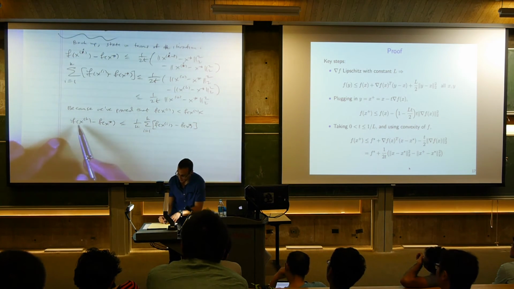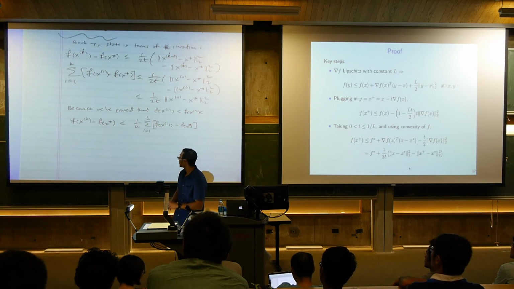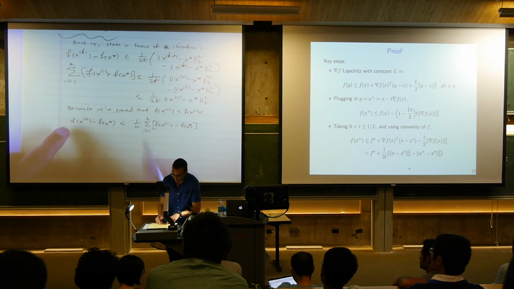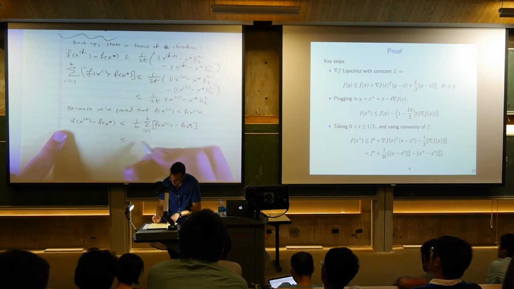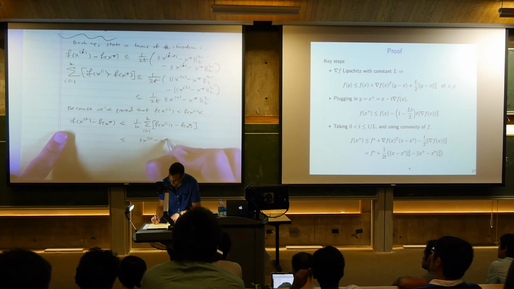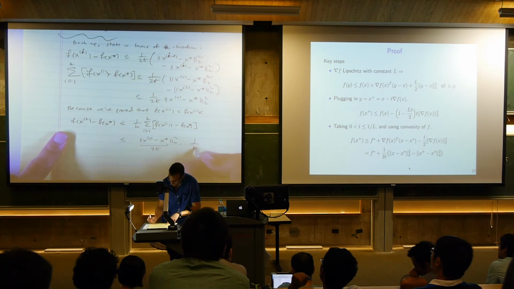Because this is certainly less than each of the f of xi along the way. And just following from what we've proved about the sum of the suboptimalities, that's exactly our rate. We just get x0 minus x star squared over 2t times 1 over k.